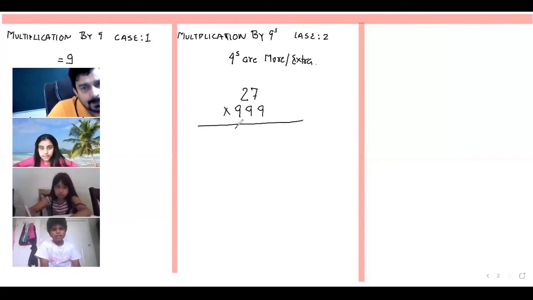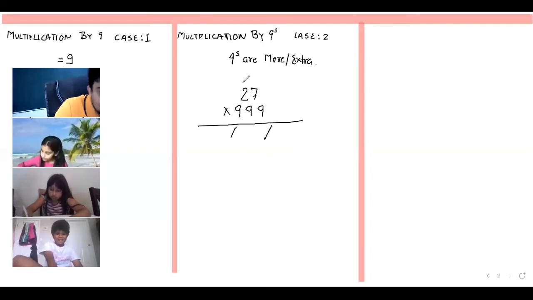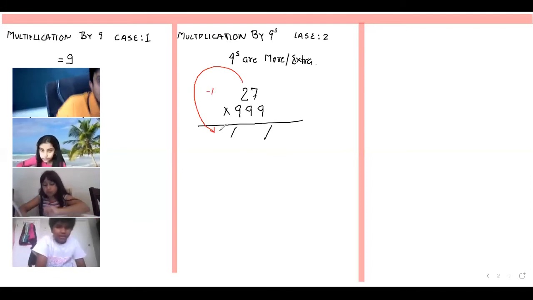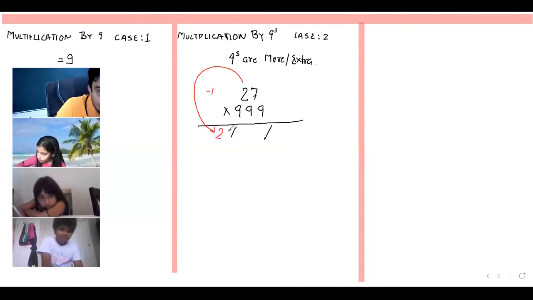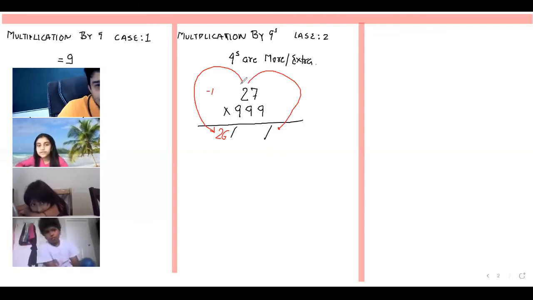We divide our answer in 3 parts. This is same. We will do minus 1. 27 minus 1 is 26. This is also same. We will do all from 9 last from 10, which becomes 73.